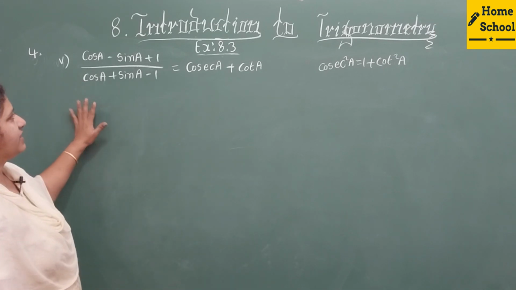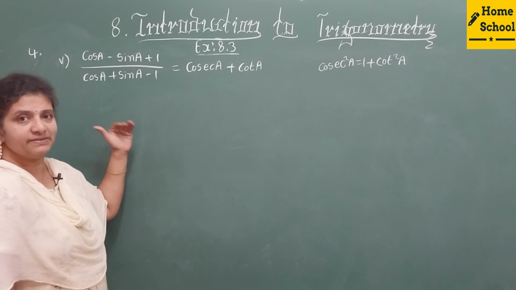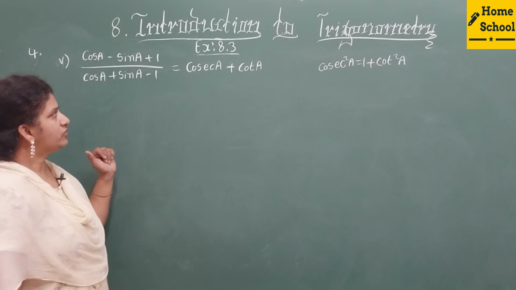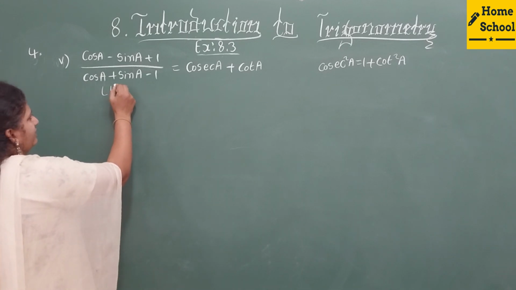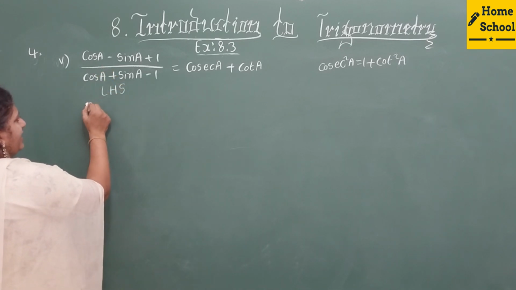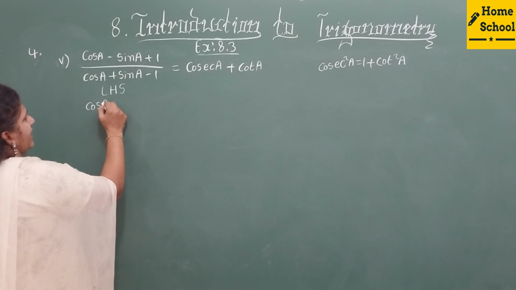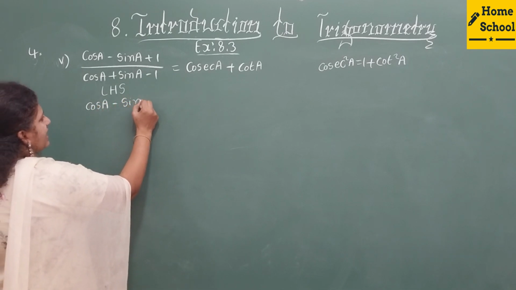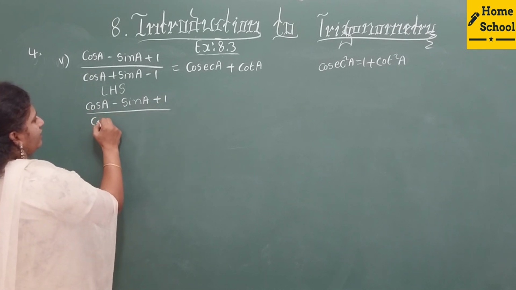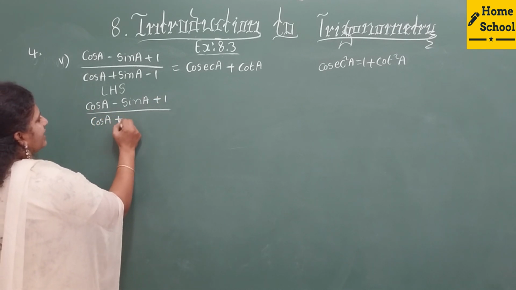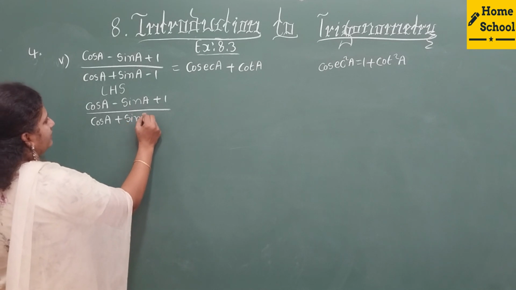Observe LHS cos A sin A, already in a simplified form it is there. So what I have to do? First take down, consider LHS left hand side, cos A minus sin A plus 1 by cos A plus sin A minus 1.